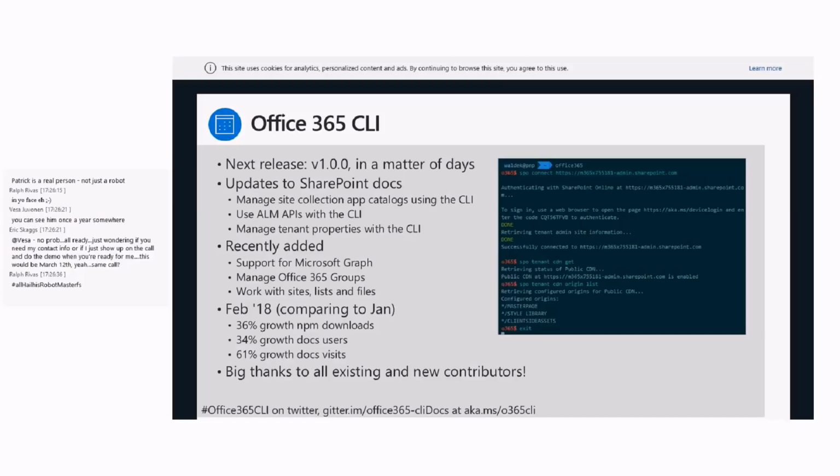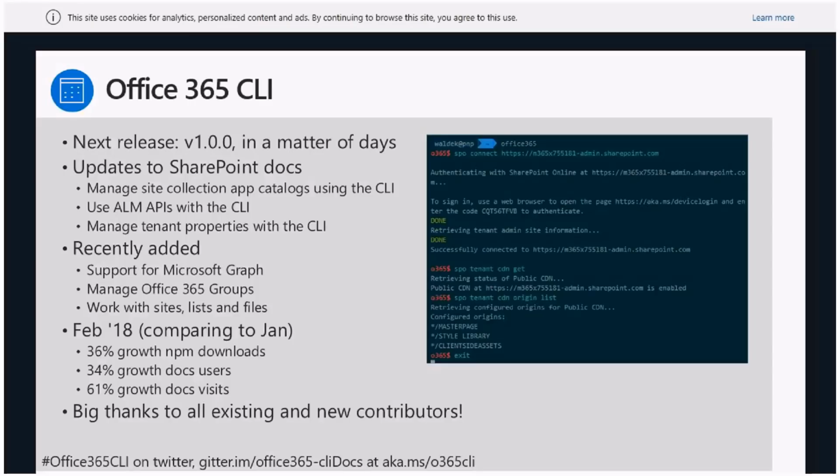And the February numbers compared to January, the month-over-month growth, is 36% in NPM downloads, 34% month-over-month docs users, and 61% docs visits month-over-month growth. So really excited to see the growth and the uptake of Office 365 CLI, another great tool for everybody out there to put in your tool belts.